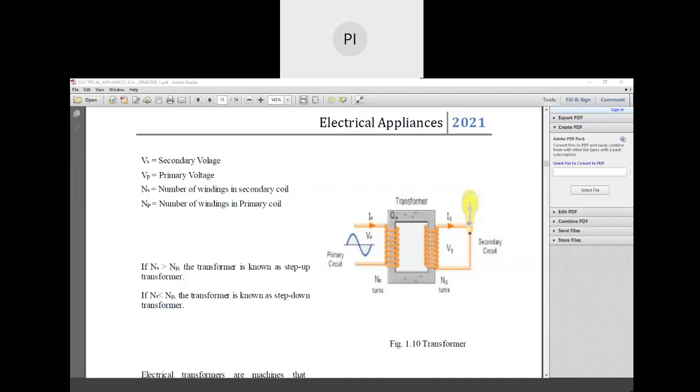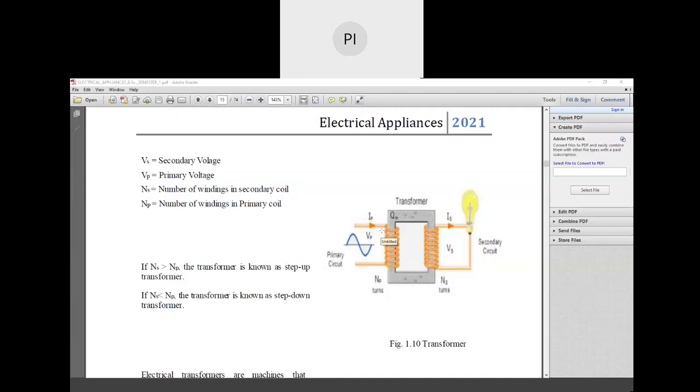If the number of turns in the primary is equal to the number of turns in the secondary, the voltage in the primary circuit must be equal to the voltage in the secondary circuit. The input circuit is called the primary and the output circuit is called the secondary.